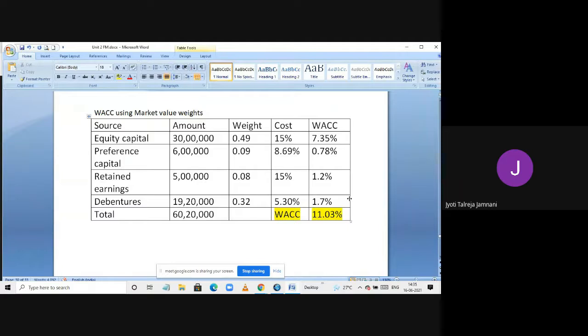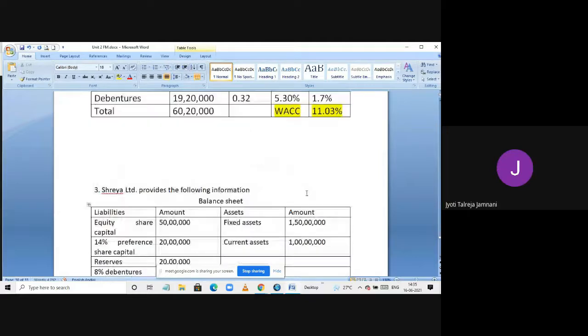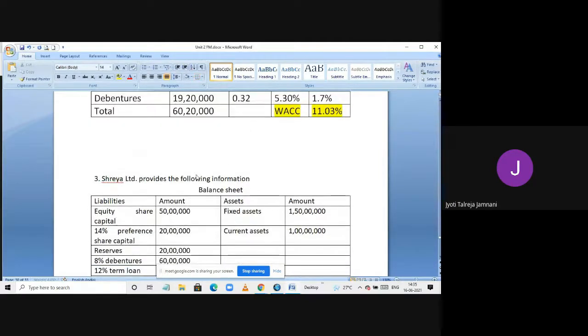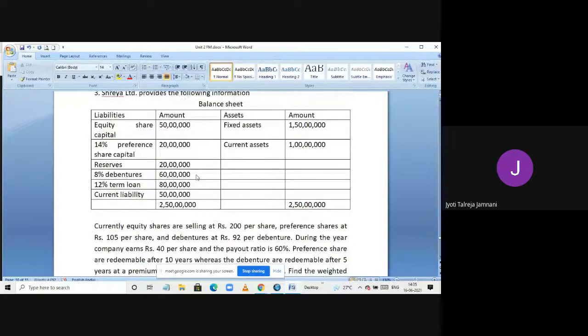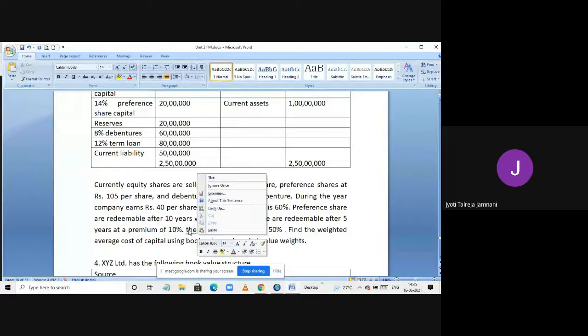Any doubts in this sum? Okay, let's go to the next sum. You all can practice it again at home because I'm doing it fast. I don't think everybody is writing it so fast because I'm copy pasting.